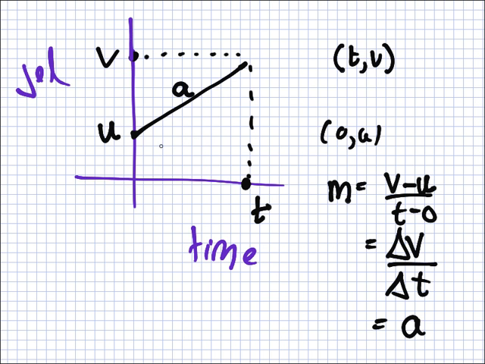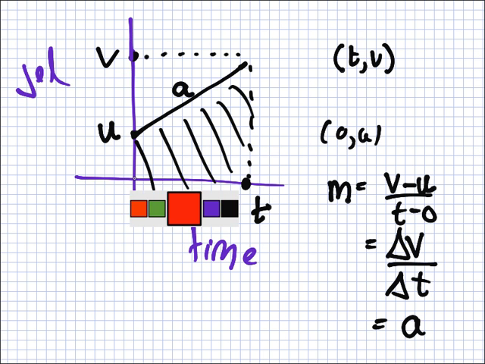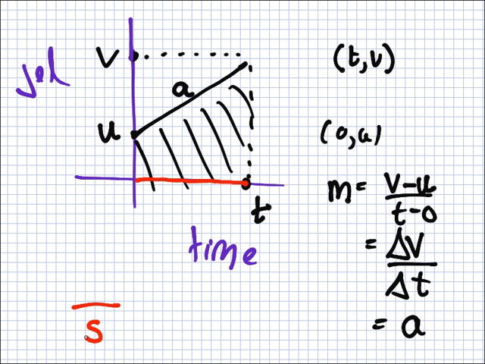And finally, let's calculate what the area represents. So it's this distance, yeah. What is the unit here? The unit here is seconds. And what's the unit here? Meters per second. So what unit do you get when you multiply this with this?